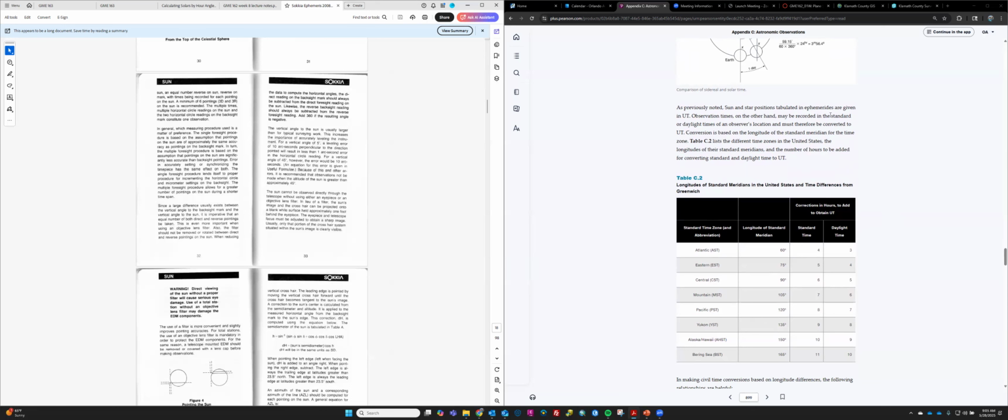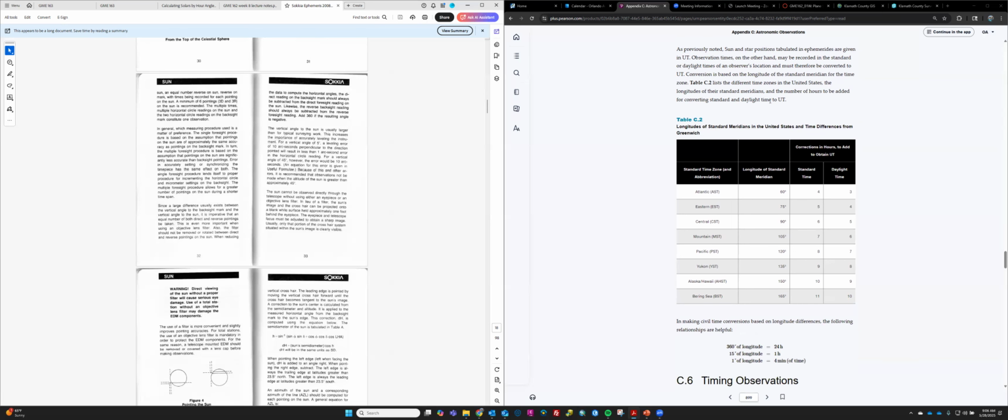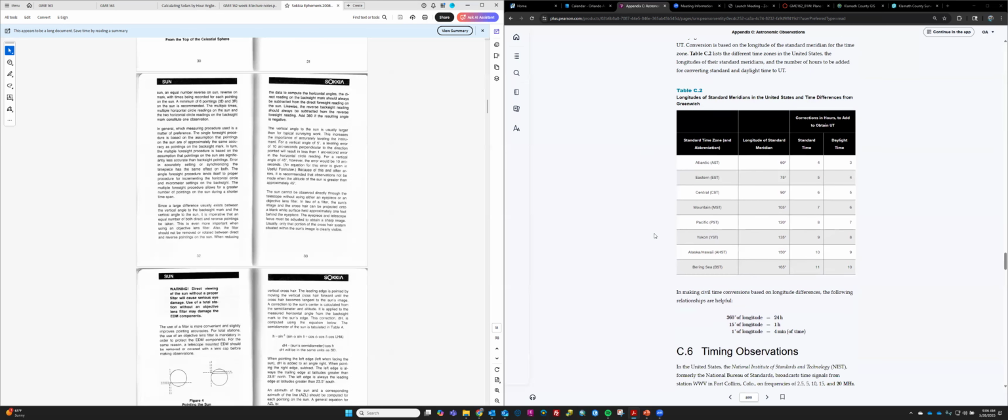Observation time, on the other hand, must be converted to standard or daylight time, and the location must be based on longitude. The frequency is based on different zones in the United States, where one chooses standard meridians, such as Pacific standard time, and then does that for each zone.